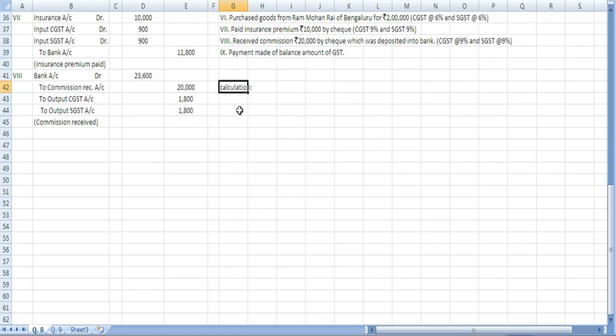Okay, so here we'll write down input IGST, and then below we will write output IGST. I'll give the rupee font here.